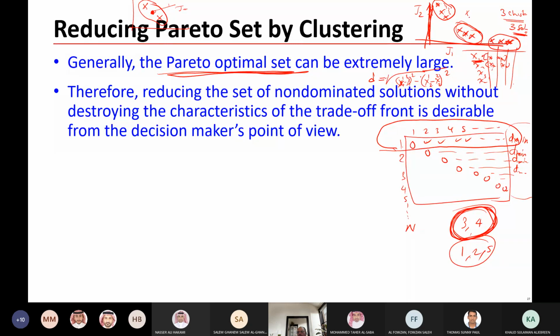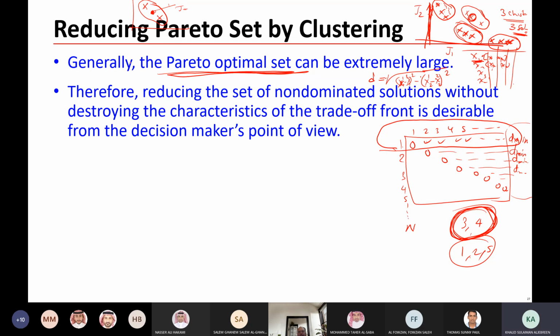And maybe you have one solution here, one solution here, and one solution here. This is one cluster. So what is the representative solution? Again, you can get the average, and you take the solution nearest to the average. The average could be here. So this one is the nearest to the average. So this solution will be selected as a representative of this cluster. Is it clear?